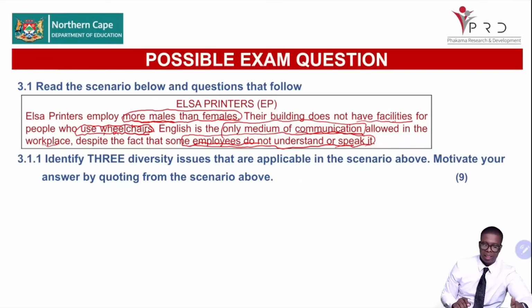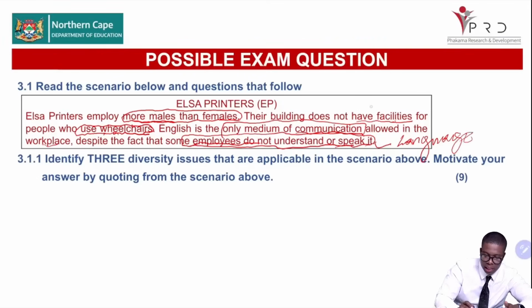So identify 3 diversity issues that are applicable in the scenario and motivate your answer. Because of the issue of communication, it talks to language. Then the building not accommodating people with wheelchairs, because it doesn't have the facility, means the diversity issue is disability.